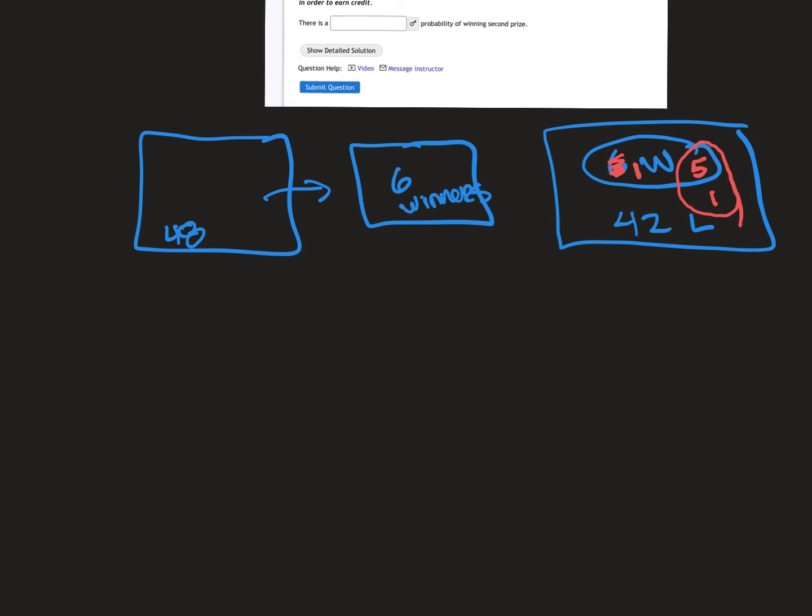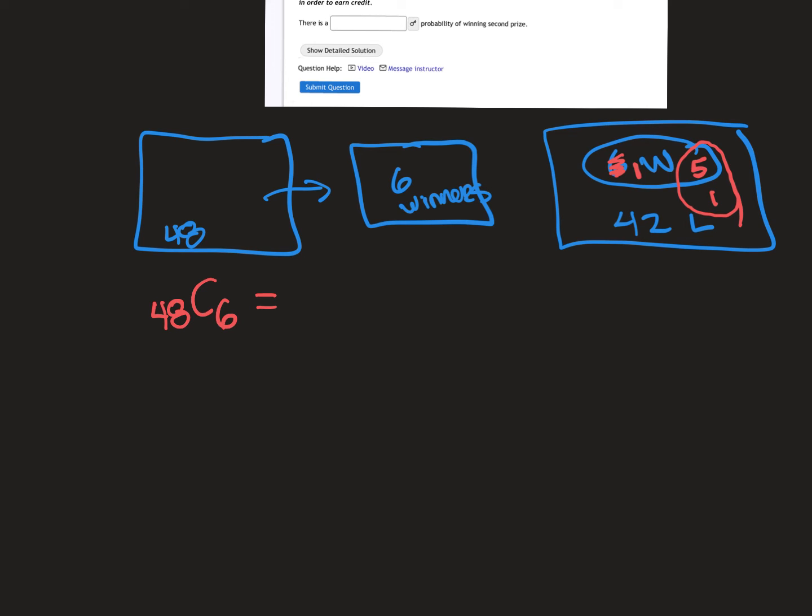So, first thing I have to ask is how many ways could I just pick 6 numbers from 48? What's the total possibilities? So 48 choose 6. This is a combinatoric, so you can do this on your calculator. You can do it on Minitab under combinations, or you could just go to Google and type in combinations calculator, and it will calculate this for you.